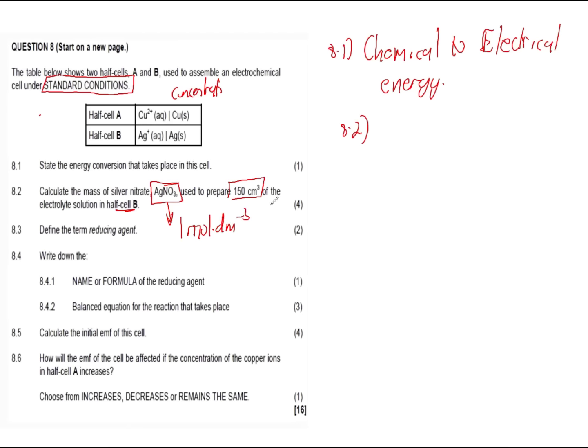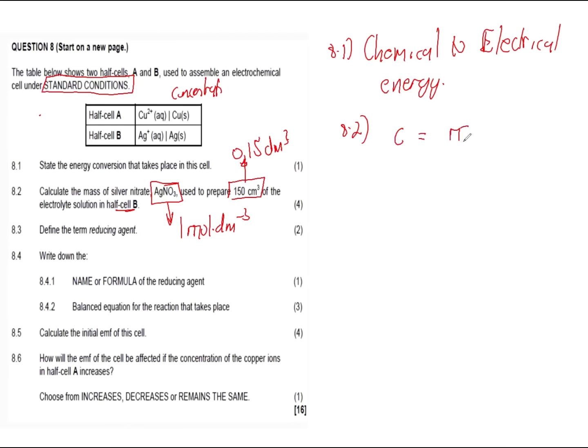So this is the standard. Now we have 150 centimeter cube, which is obviously not given in the desired SI unit. So what must we do? We must take the 150 here, divide it by 1,000, and then we obviously going to get 0.15 cubic decimeters.